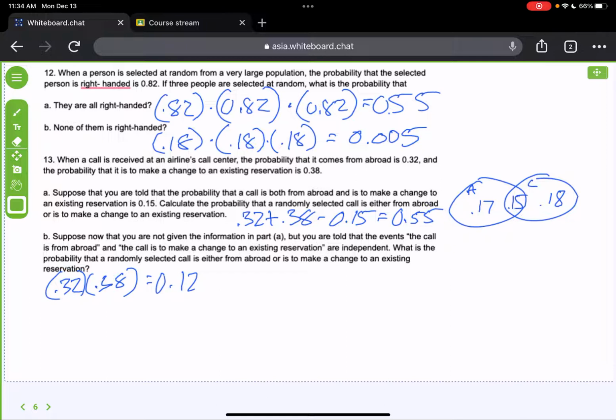Then what is the probability that a selected call is either from abroad or to change? We're doing the same thing, except with 0.12 instead of 0.15. So we say 0.32 plus 0.38 minus 0.12, and that would be 0.58, or 0.57, however you wanted to round that.